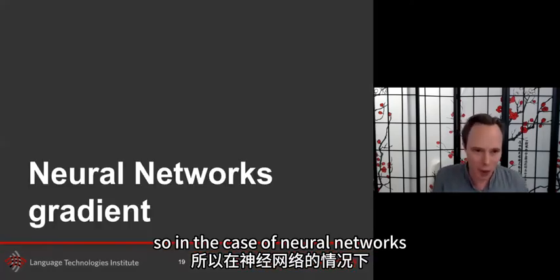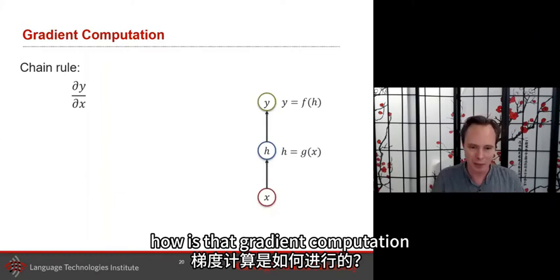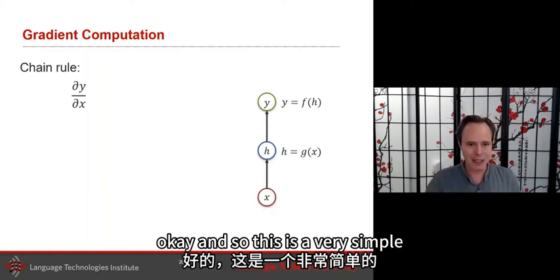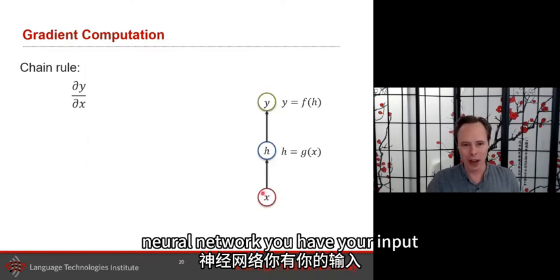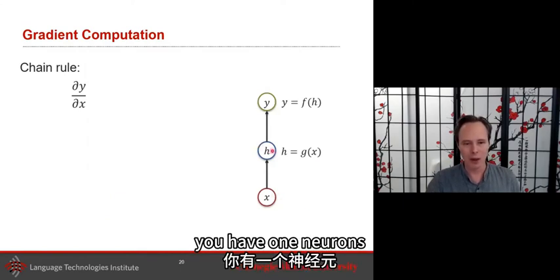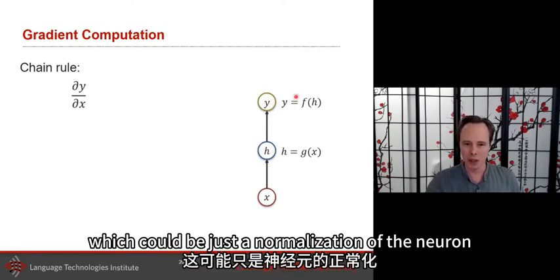In the case of neural networks, I just want to go a little bit into how that gradient computation works. This is a very simple neural network. You have your input, you have one neuron, and then you have your scoring function, which could be just a normalization of the neuron.